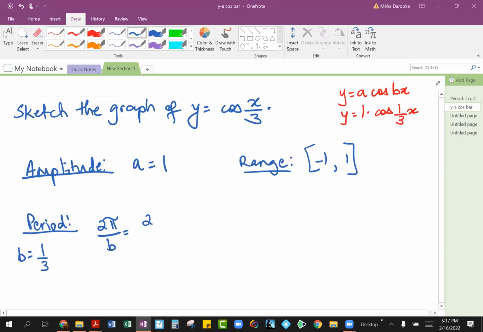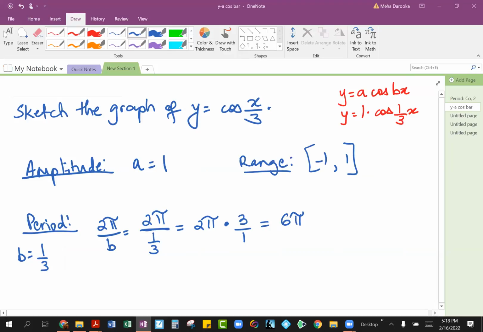So that means you are taking 2 pi and you're dividing it by 1/3. And I had mentioned this last time. So when you're dividing by a fraction, remember, keep the numerator the same, change that division to multiplication, and then flip your bottom number. So this will become 3 over 1. So technically you actually end up multiplying 2 pi with 3, which of course will end up giving us 6 pi.